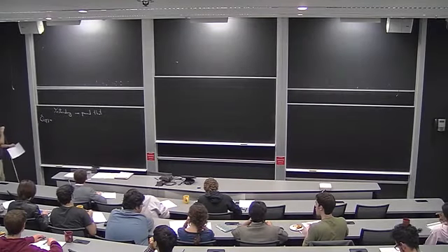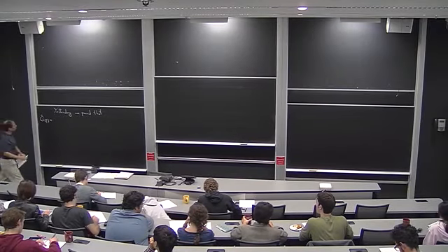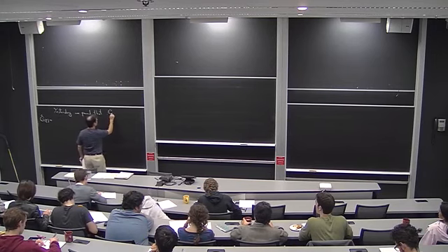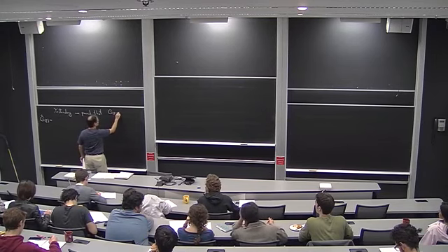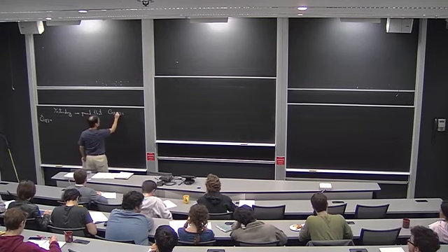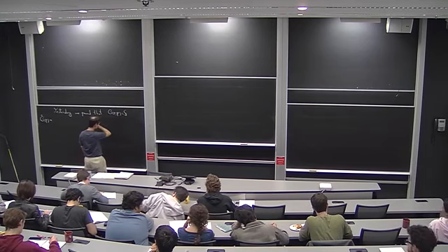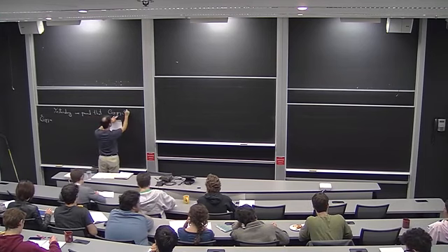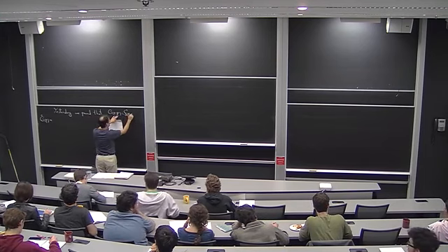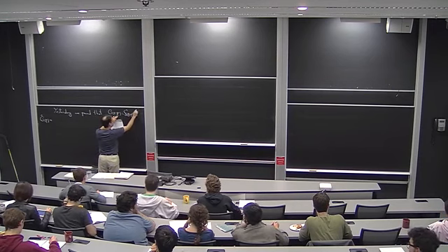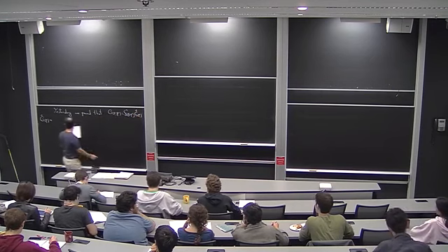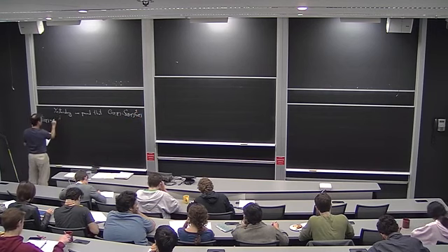So yesterday we found that, well, let me write that. The momentum space version, the Fourier transform of the two-point function, had this formula.